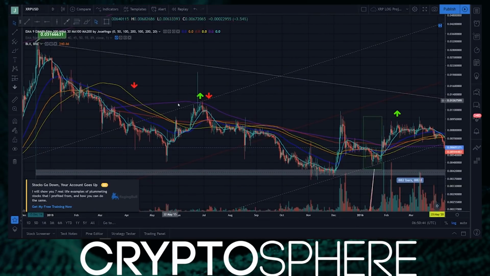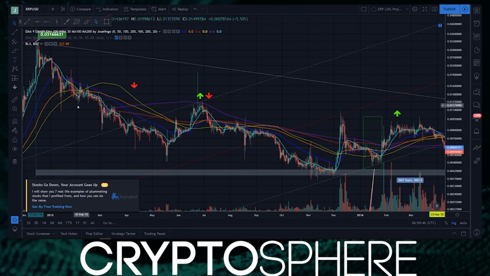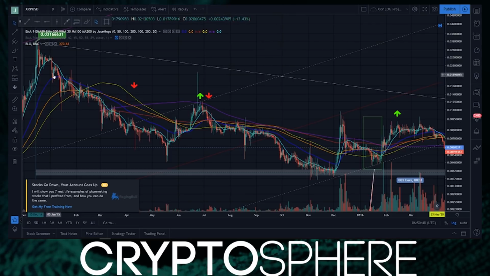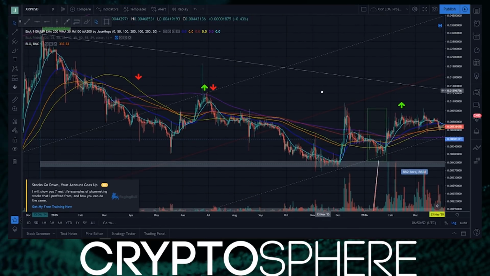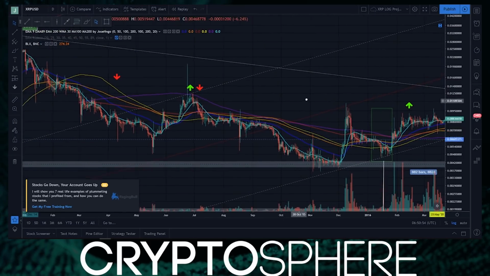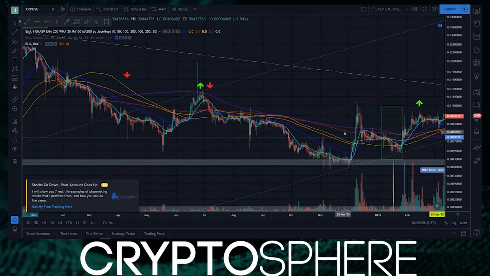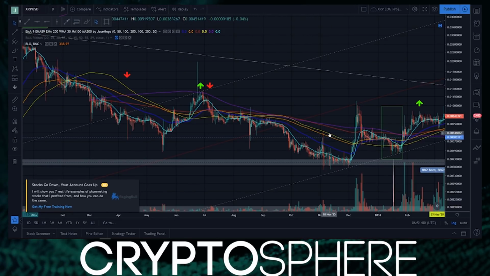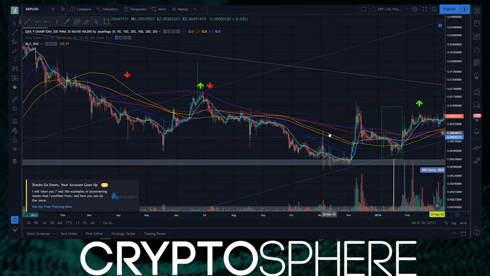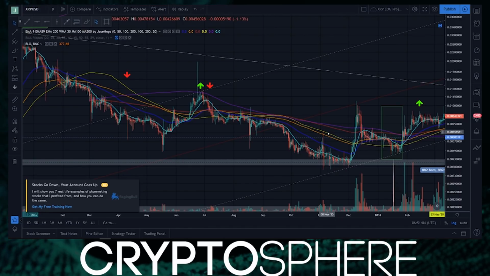I want us to focus on how these moving averages flow. As I mentioned before, let's focus on this red one here. And the gold one is the 100 simple. This will be key to watch.